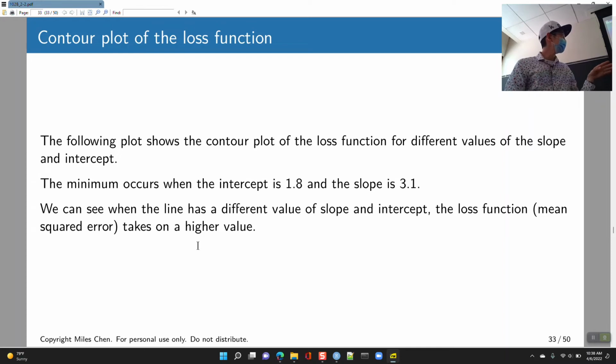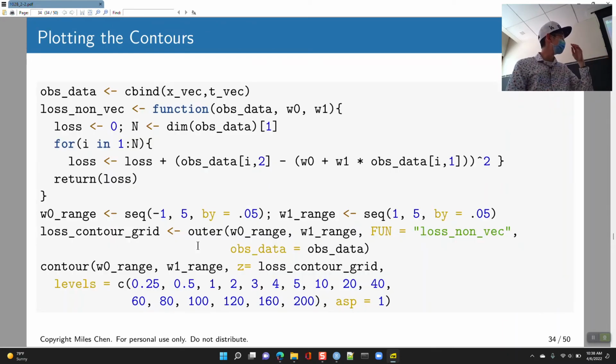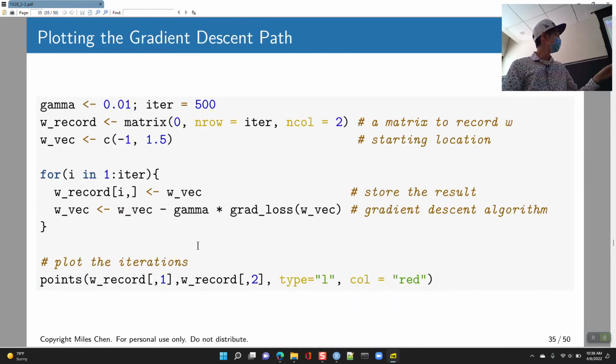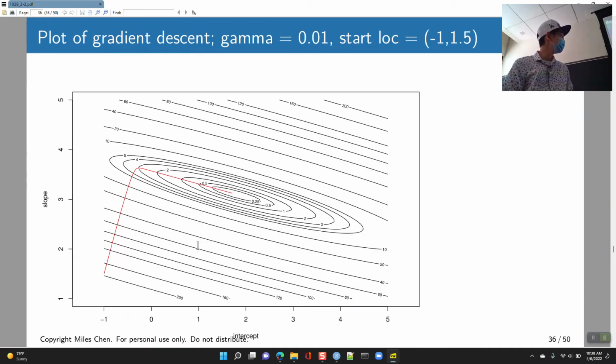We're going to have different values of the loss function for different values of the slope and intercept. This is the code used to plot this, and this plot represents the loss function for different values of the intercept and the slope.